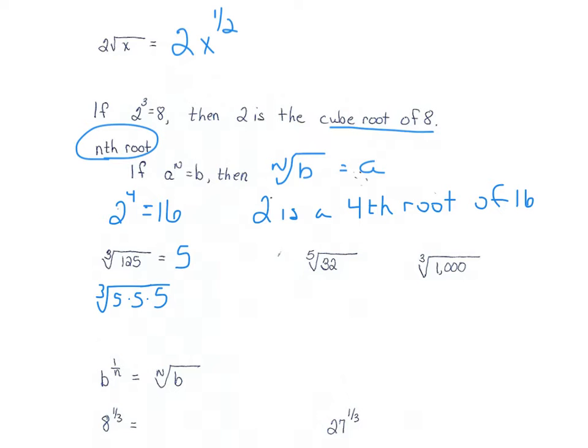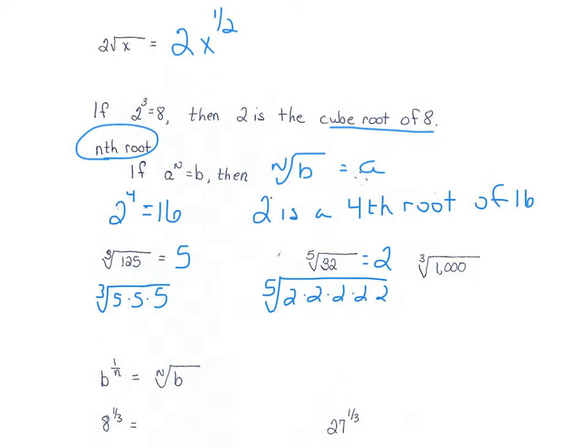If we take the 5th root of 32, what number to the 5th power is equal to 32? Well, hopefully we remember that 32 can be rewritten as 2 times 2 times 2 times 2 times 2, or 2 to the 5th, in other words. So the 5th root of 32 is actually 2.